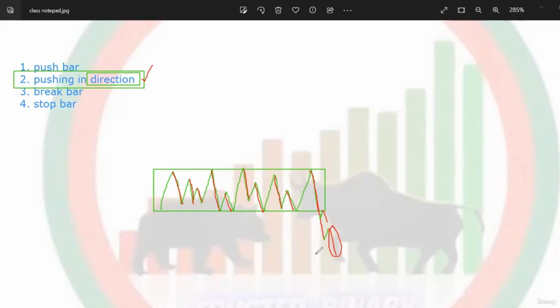So for pushing in direction, we must take it after the breakout, when the market tries to create a bullish candlestick or go up, but it fails and the market falls down again. That situation we have to choose for pushing in direction.